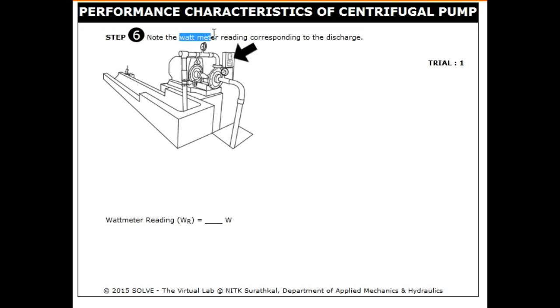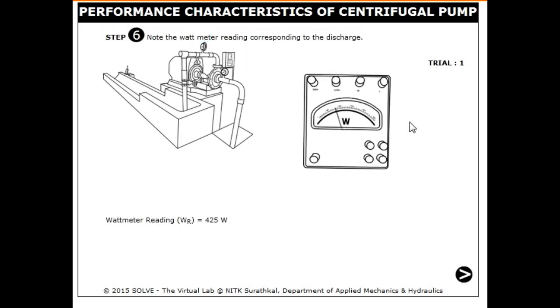So these are the parameters. We need power consumption also, so for that we have to check this board. This is the energy meter or watt meter, which is displaying that the pump motor is taking 425 watts of power.